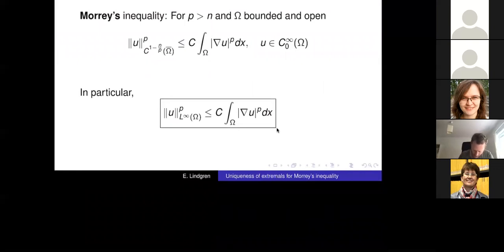So here, when I have written u and then C with some exponent, which here happens to be 1 minus n over p, I simply mean that we have two terms here: the L infinity norm plus a semi-norm, where the semi-norm is simply this Hölder quotient.